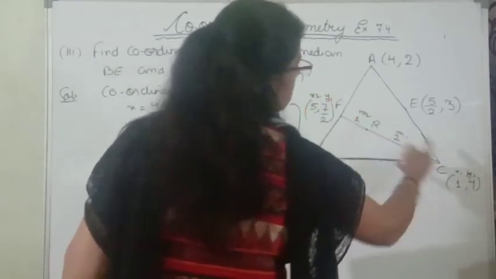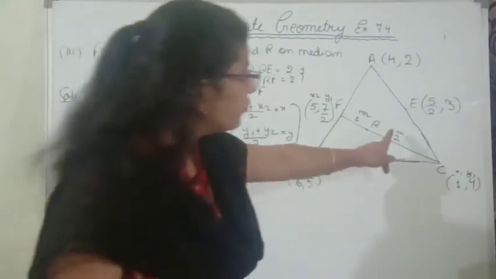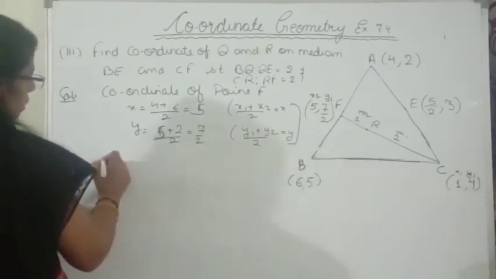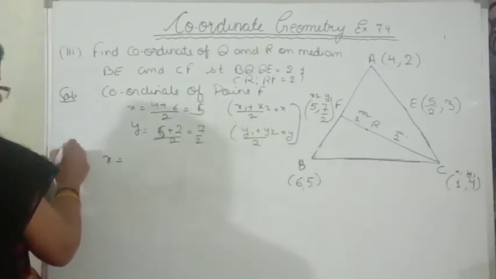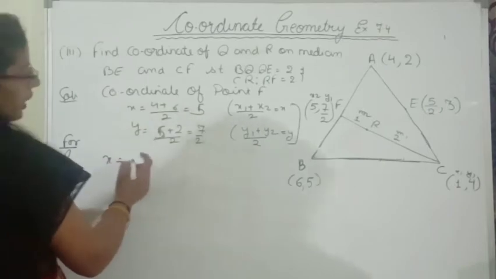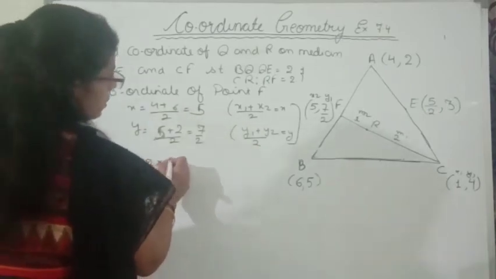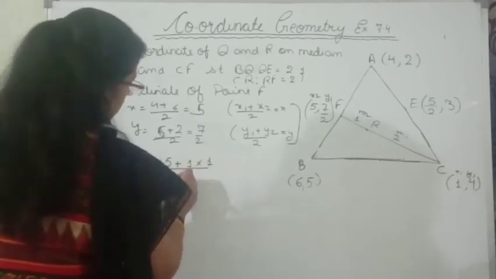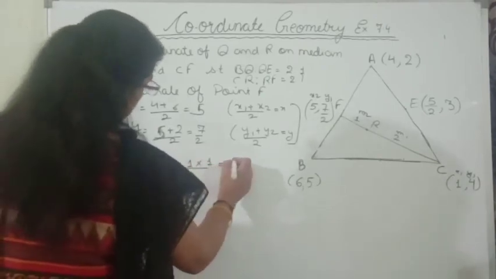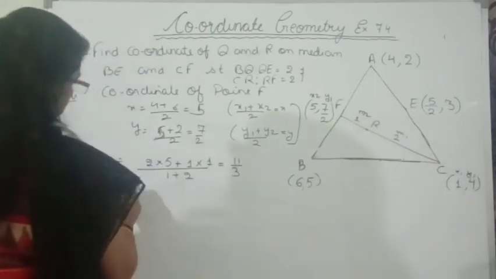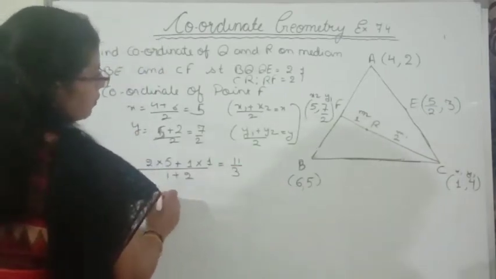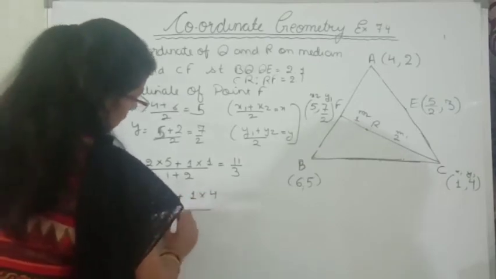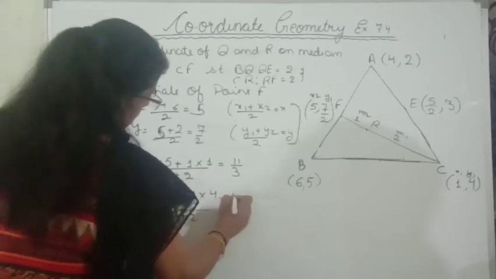The side you take as M1, that side's coordinates are x1 y1. So let us find the x coordinate of point R: M1 x2 plus M2 x1 divided by M1 plus M2, that is 10 plus 1, 11 upon 3, and the y coordinate is M1 y2 plus M2 y1 divided by M1 plus M2, again 11 upon 3.